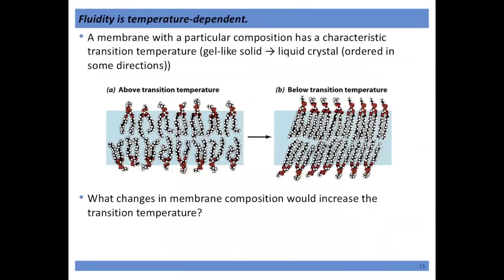Now, when I talk about the fluidity, I need to add an asterisk to that because the fluidity of a membrane actually depends on the temperature. And we saw that before, that as I change the temperature, these can melt and turn into oils. And it really depends on the type of the fatty acids there. If we have really saturated fatty acids, that's going to have a really high melting point.